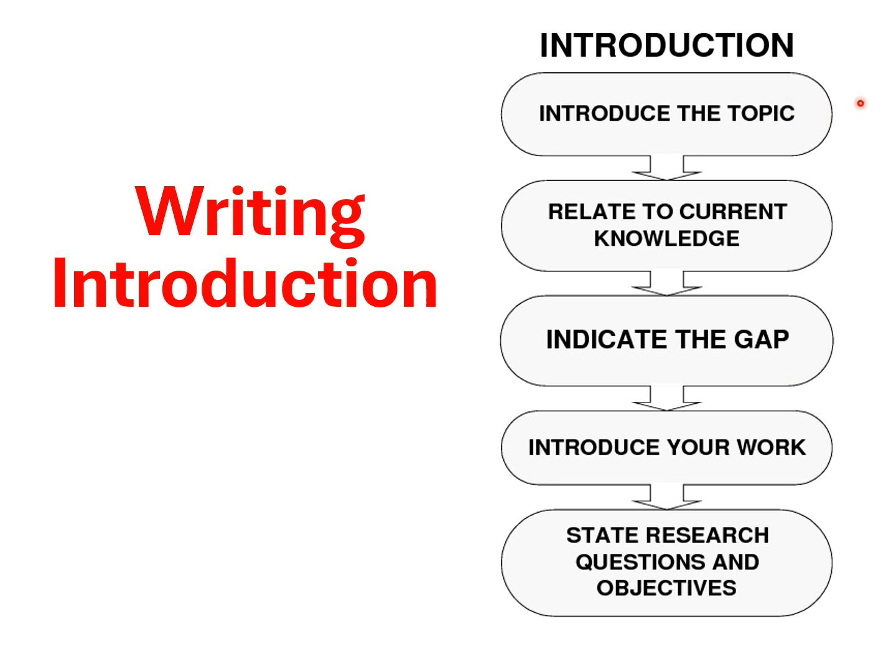It should start with a broader introduction of the topic, then the subtopic, then a literature review of the current knowledge about the problem, indicating the gap in the literature, then introducing our own work, the aim and then the objective of the study. Usually we give the problem statement and then the objective, research question, or hypothesis of the study. I'm going to share a few examples with you to help you understand how to write an introduction.